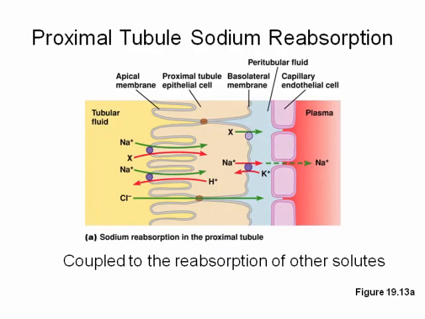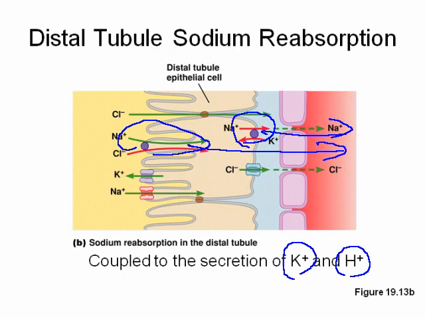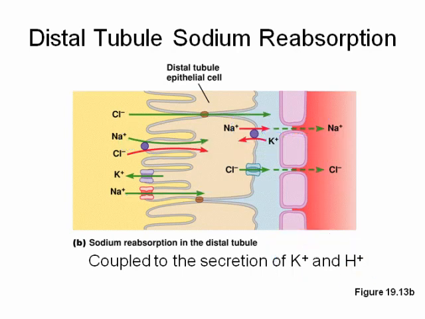It's just not shown in this particular slide. So the secretion of these two solutes drives the reabsorption of sodium. So sodium is being reabsorbed here, and here as well, all of it coupled to the secretion of both of these solutes.